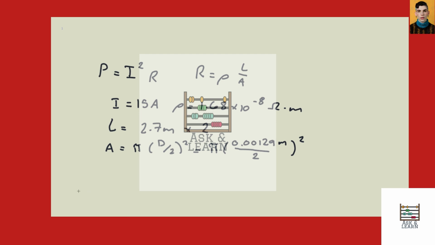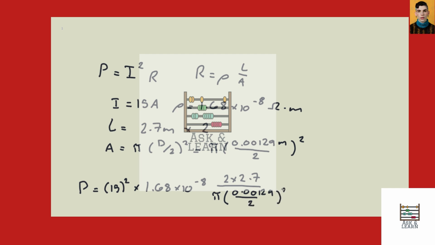Plugging in all of this, we should find that our power P is equal to 15 squared times 1.68 times 10 to the minus 8 times 2 times 2.7 divided by pi times 0.00129 divided by 2 squared.